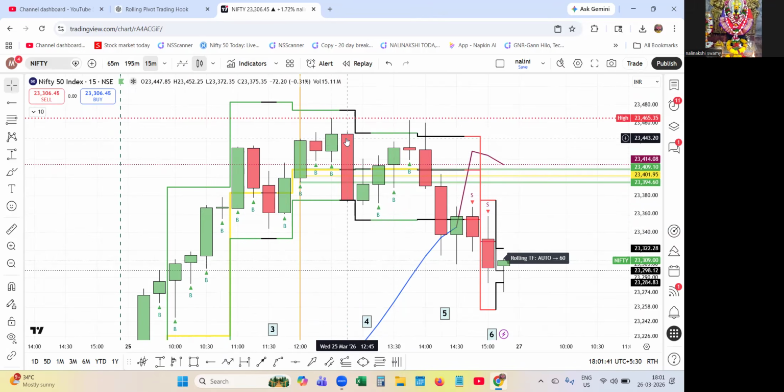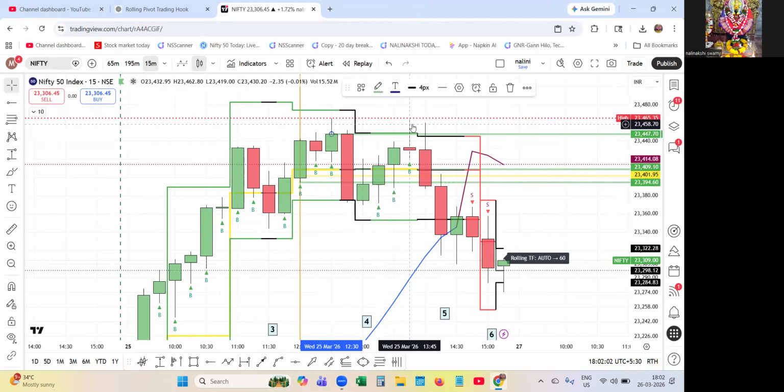You can see the red candle. This is the presence of the big player. He sweeps the liquidity. Who has been swept? These are the call writers, fresh call writers entering into the market. So their stop loss has been swept, and they see this type of candle, a doji candle.